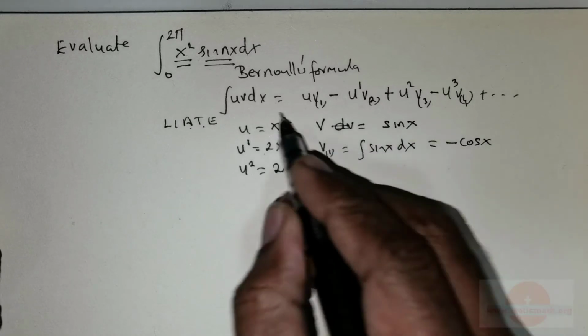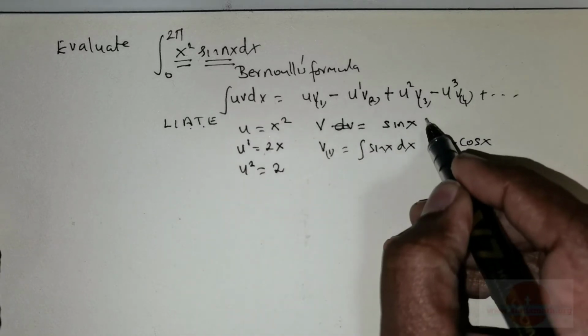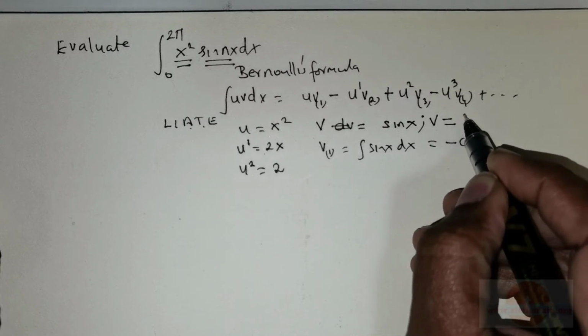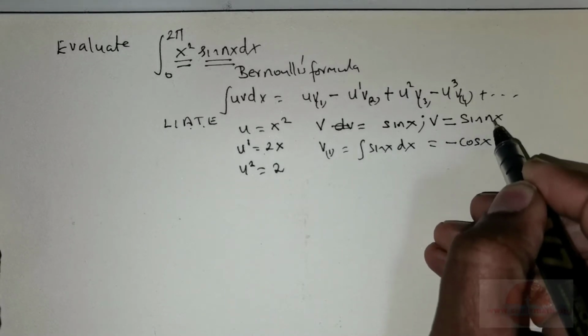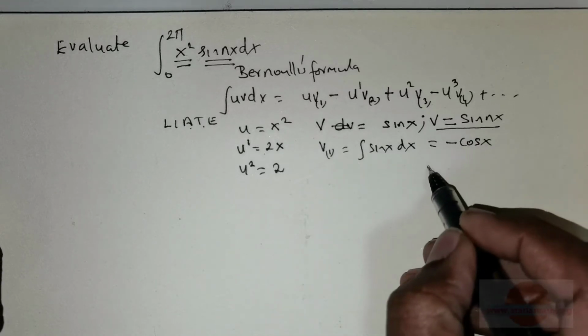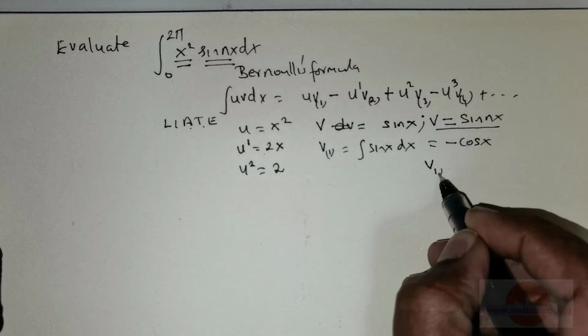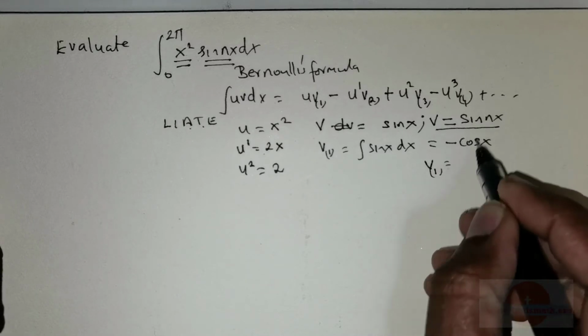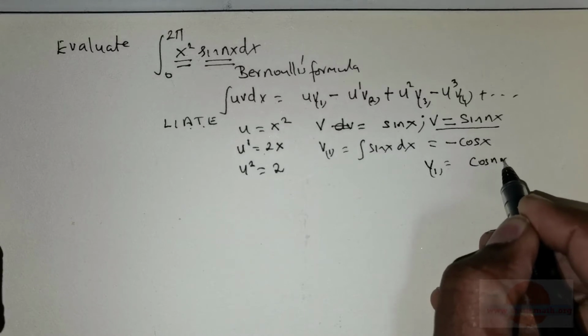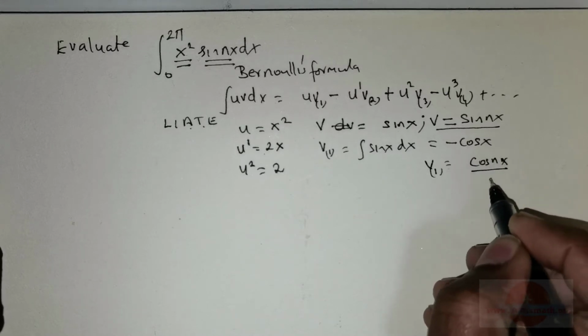But apparently we have got sine nx, so we have to take the value of v to be sine nx. Then v1, the integration of sine nx, is going to be cos nx divided by n.